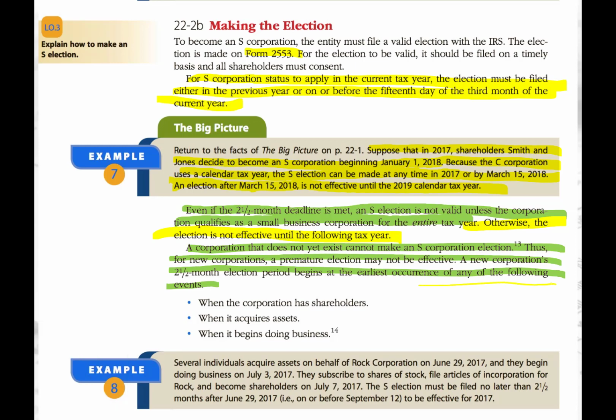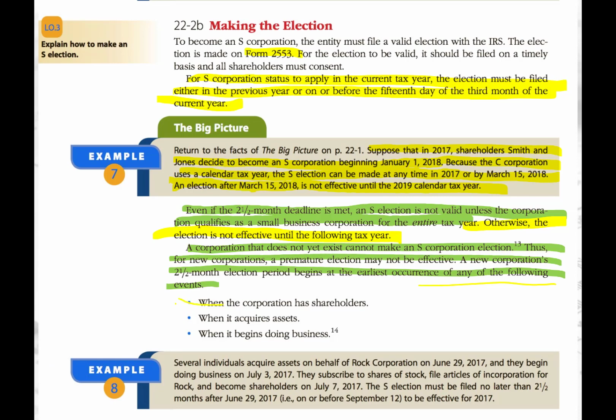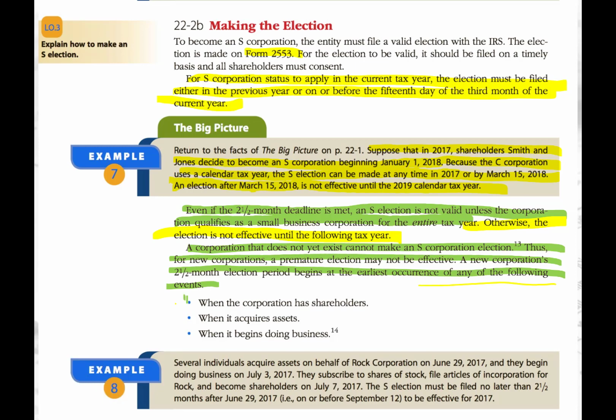Any one of the following can be met: the corporation has to have shareholders, not heirholders, but shareholders. They have to have acquired some assets, or they have to have begun doing business. And any one of these would then allow you to go ahead and file to be an S corporation.